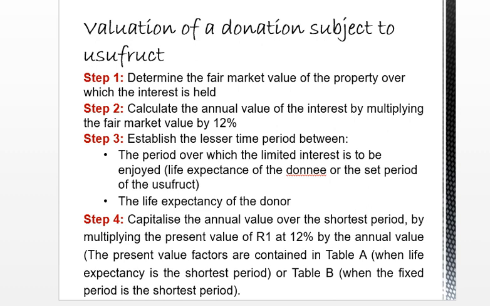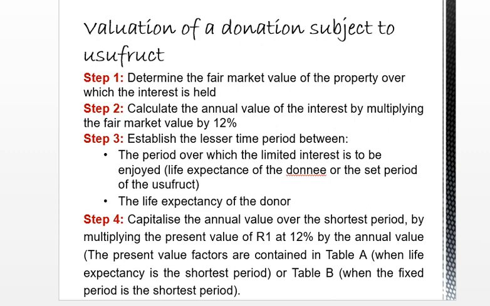Then we want to establish the lesser time between the period over which the limited interest is to be enjoyed, so the life expectancy of the donee, or the set period of the usufruct, and the life expectancy of the donor. Basically, whatever time is less: the life expectancy of the donee, who receives this donation, or the life expectancy of the donor.